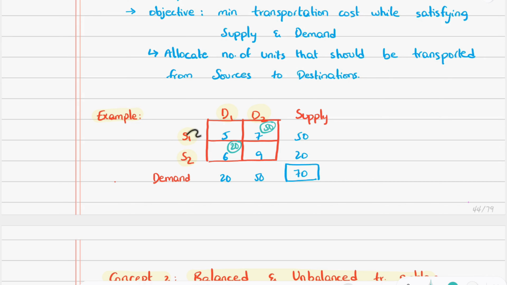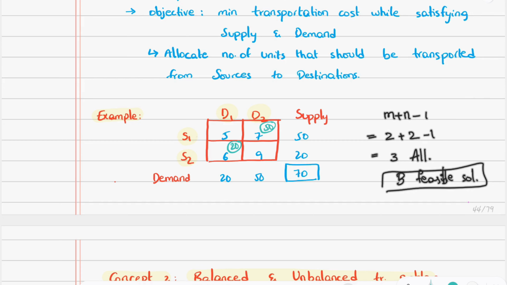And here we have 2 rows and 2 columns. As I said, a basic feasible solution should have m plus n minus 1 allocations. That means 2 rows plus 2 columns minus 1, so I need to have 3 allocations to call it a basic feasible solution.